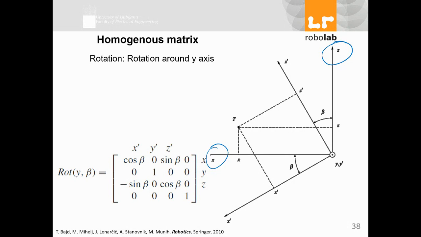Yeah, it is. So the number is right, but it's negative. Yeah, thank you. Yeah, this is correct. Now, if you look at rotation around y, with the same approach, with the same kind of mentality we had with the other one, we rotate our coordinate system around y with the angle of beta.